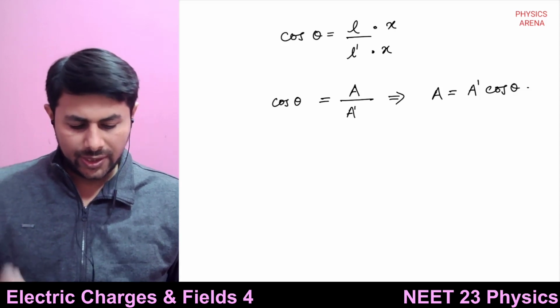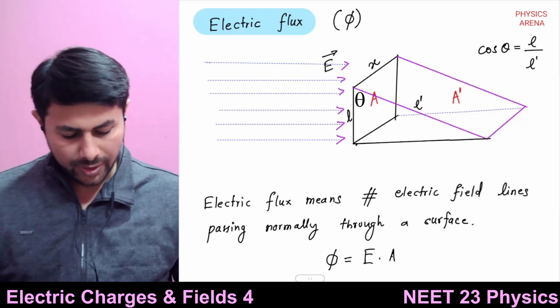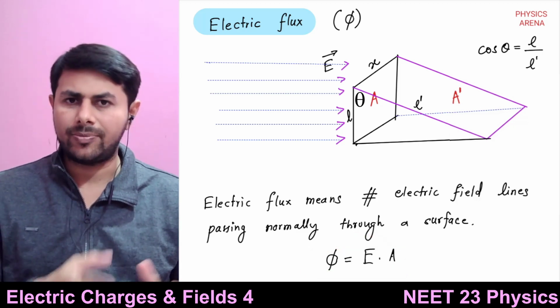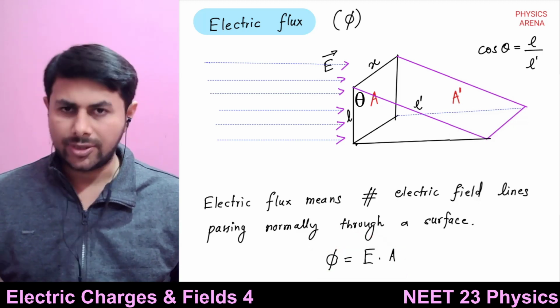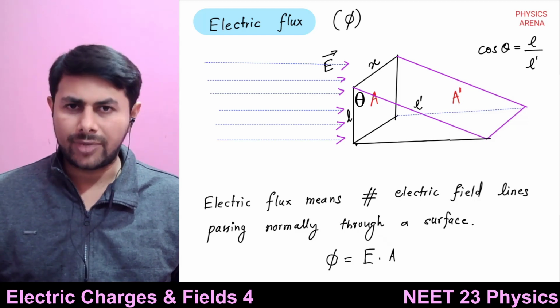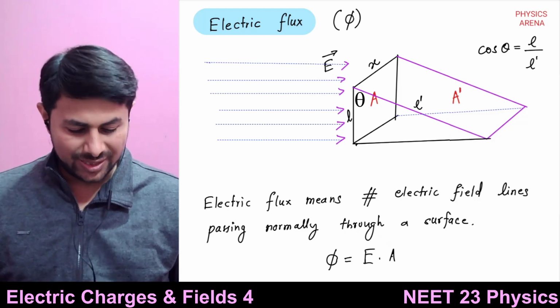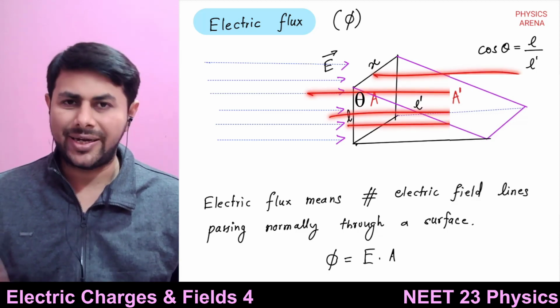Okay, so see now what we can do. Flux through A is electric field multiplied by A. What is flux through A dash? It is also the same, as the same number of field lines are passing through A dash also.